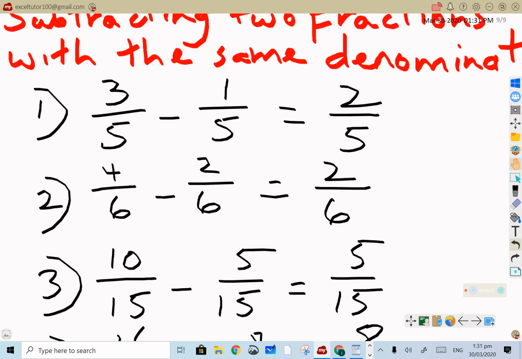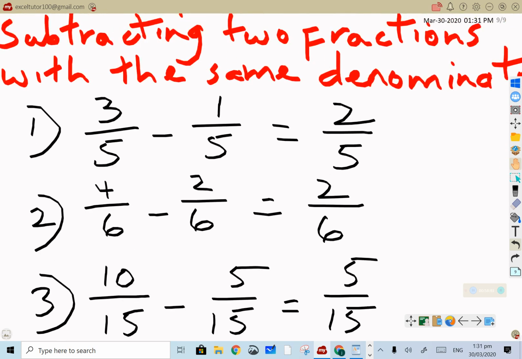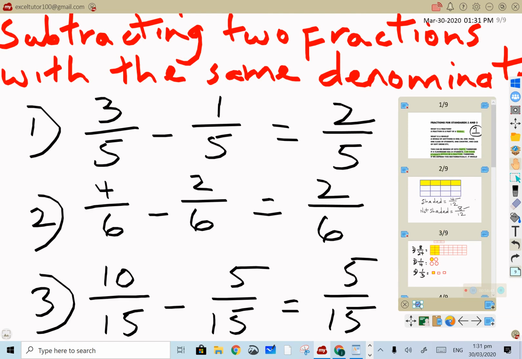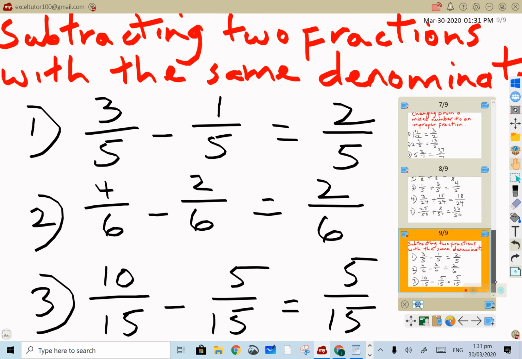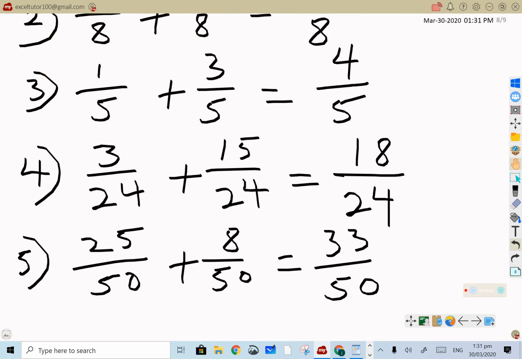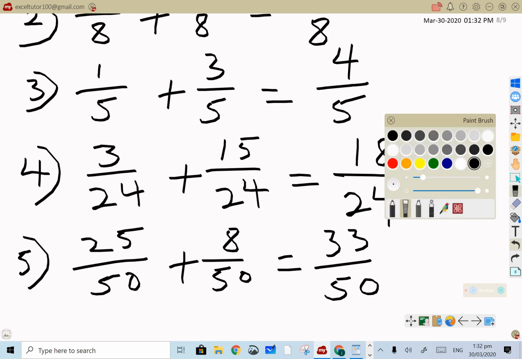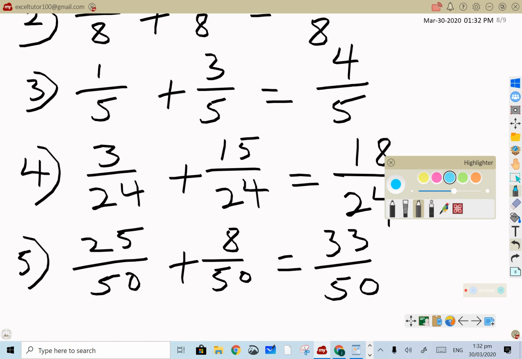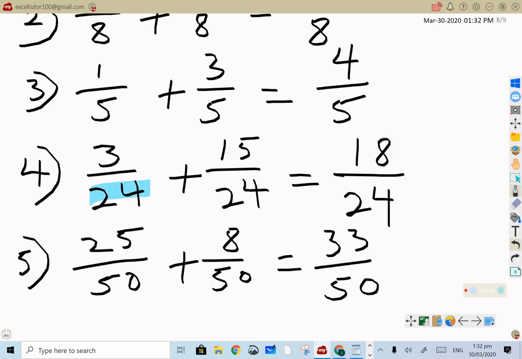And again, if we go back to the addition, we would see a similarity to the subtraction, where we have the same denominator.